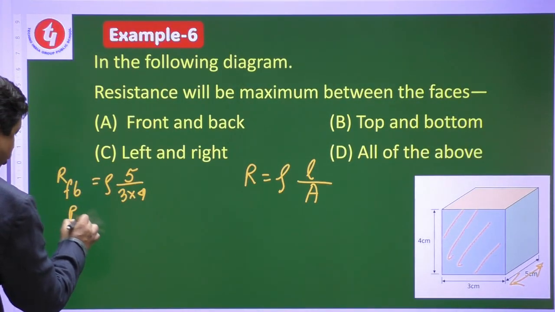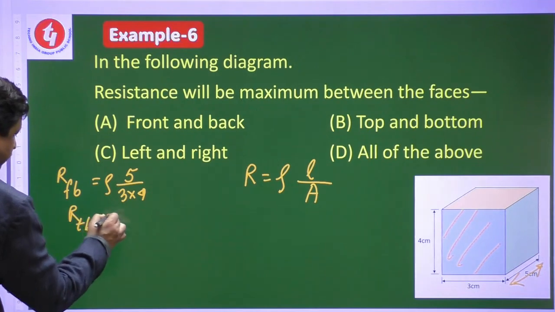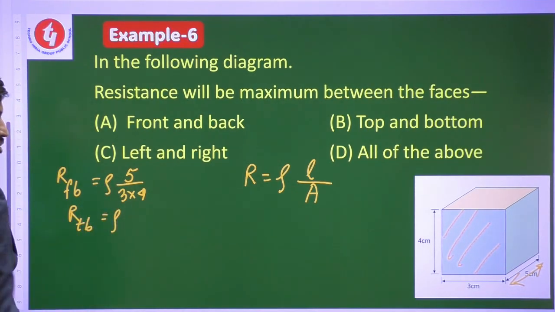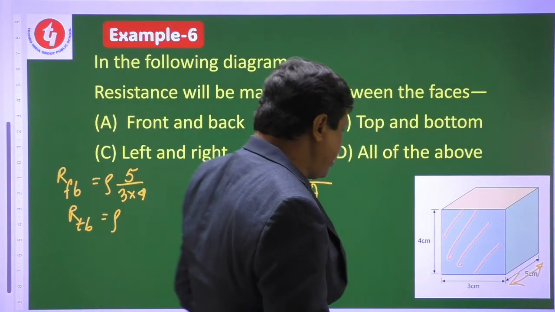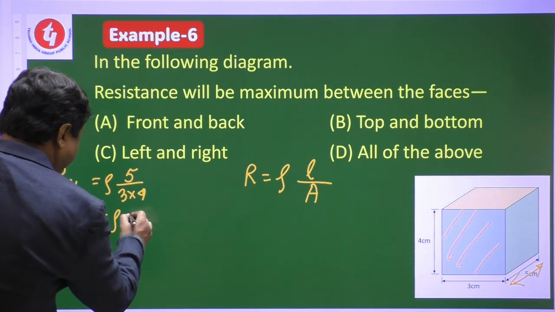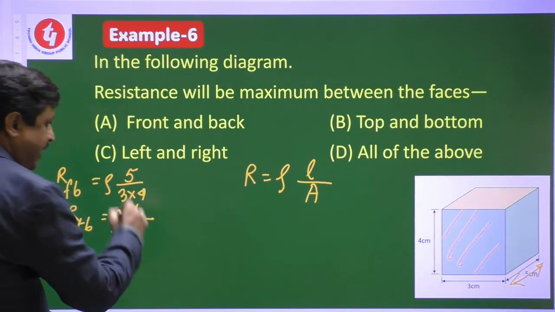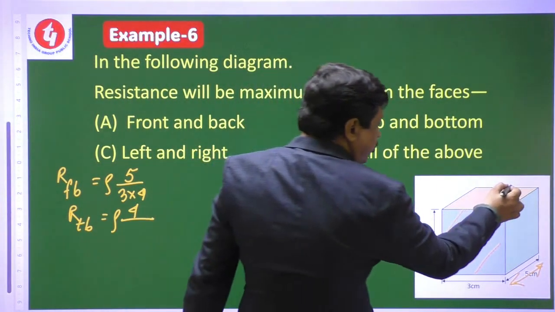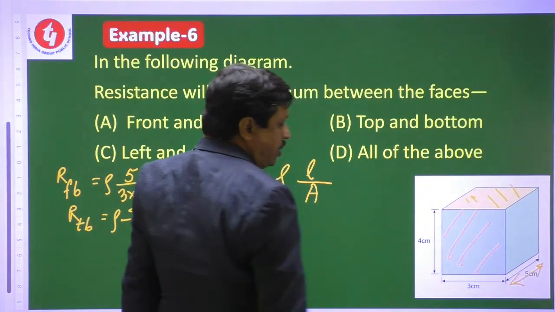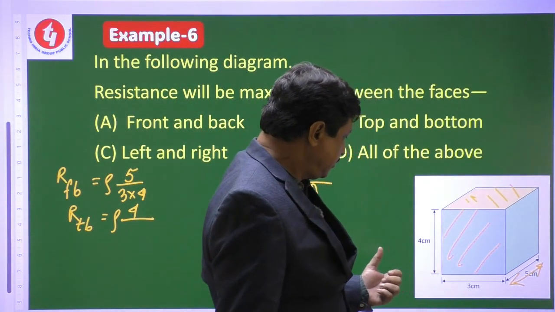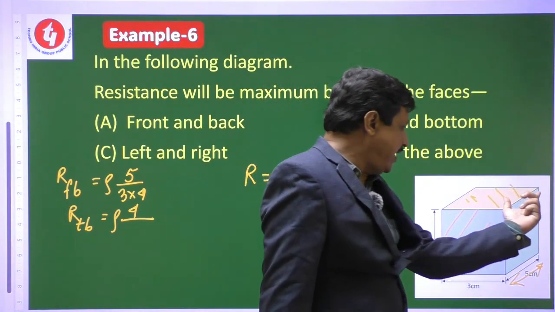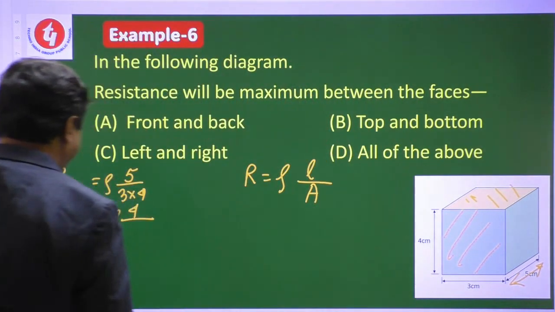Resistance top-bottom: rho into top-bottom length, which will be 4 centimeter, and the area of the top is 3 into 5.